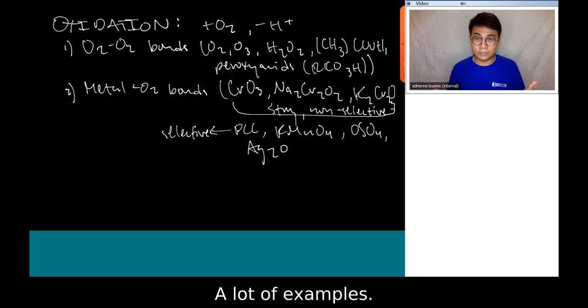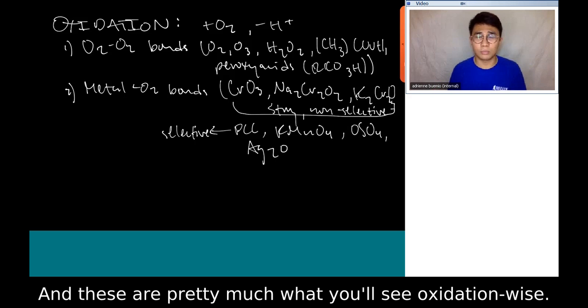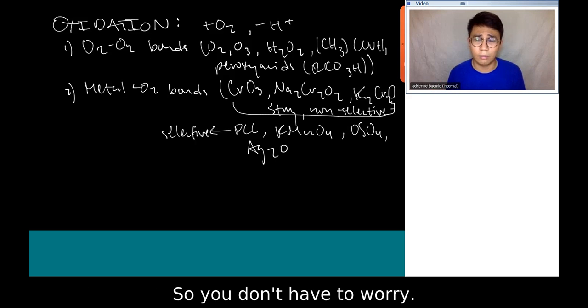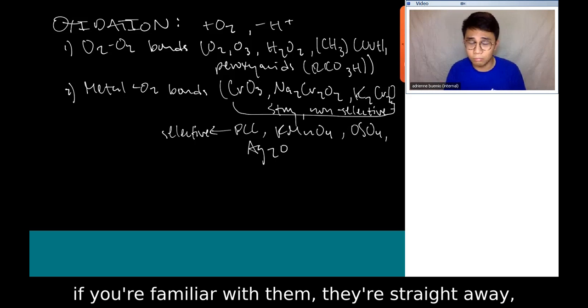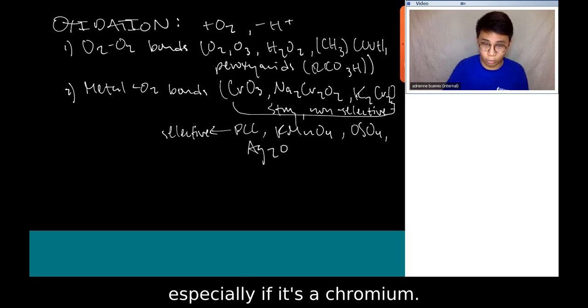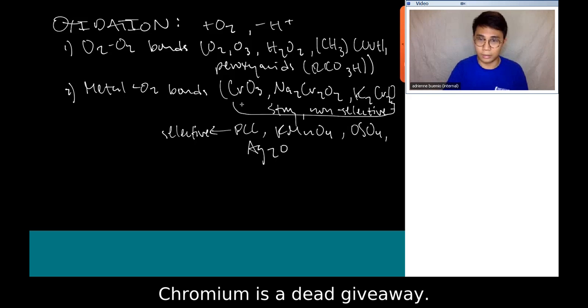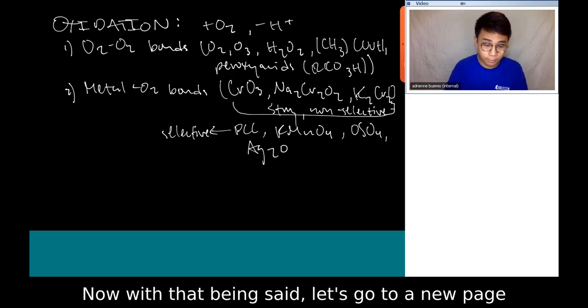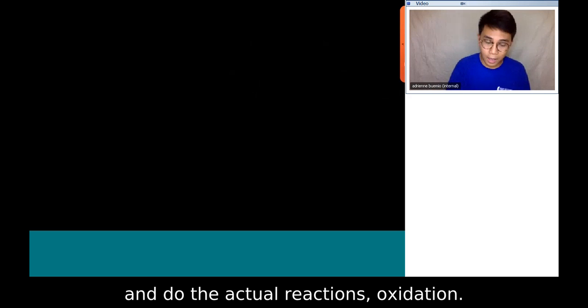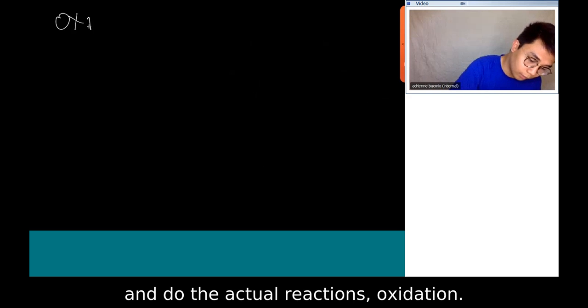So yeah, lots of examples, and these are pretty much what you'll see oxidation-wise. So you don't gotta worry, because as long as you're familiar with them, just straight away, especially with the chromiums. Chromiums are a dead giveaway, right? So now, with that being said, let's go to a new page and do the actual reactions.